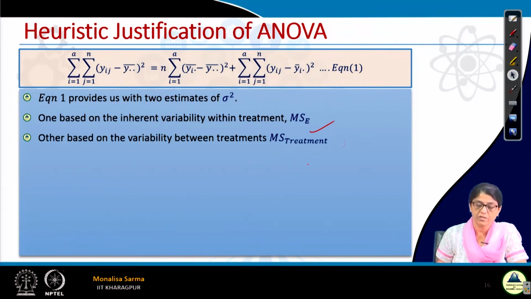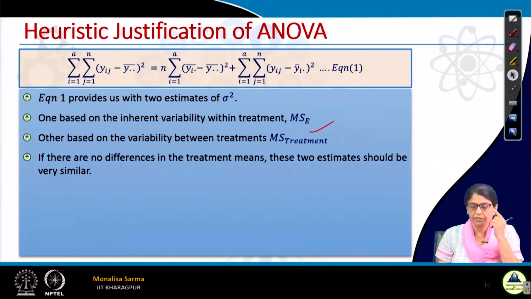In the first estimate, I was not bothered whether the means are equal or not equal. I was just trying to find the estimate of the variance by taking all the data. In the second case, I tried to find the estimate of the variance by considering that all the means are equal.